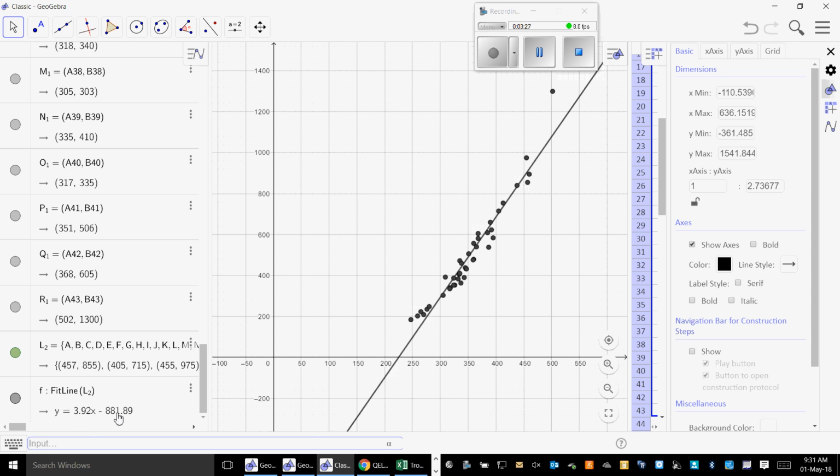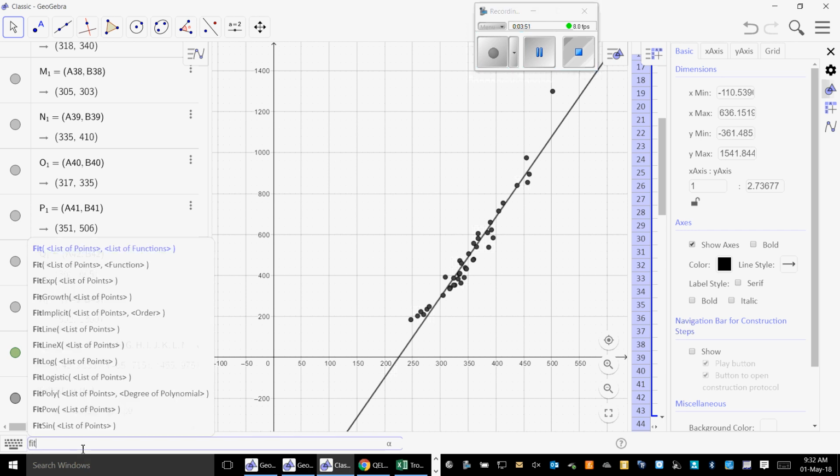Are you all listening? Alright, so here's my straight line. Now, would you look at that data and go, oh, that's perfect, that follows all of the data? No, probably not. So at this stage, we need to try and find a different equation. We're going to say fit again, and then choose a different thing.